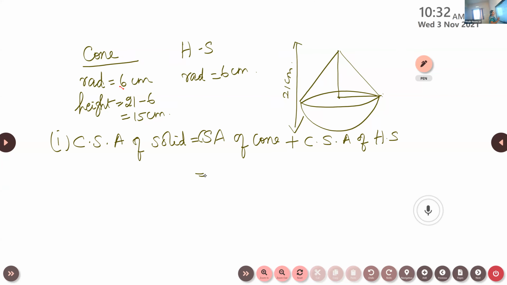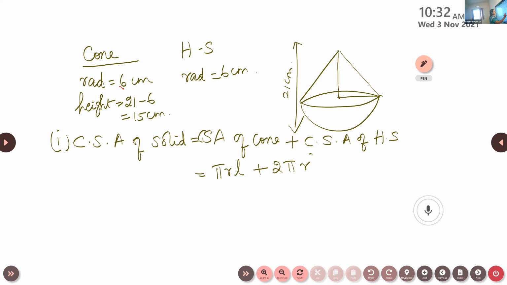What is the formula for CSA of a cone? Pavitra? Pi RL. Very good. It is pi RL plus CSA of a hemisphere. Abdullah? Only 2 pi r square. Very good, 2 pi r square.